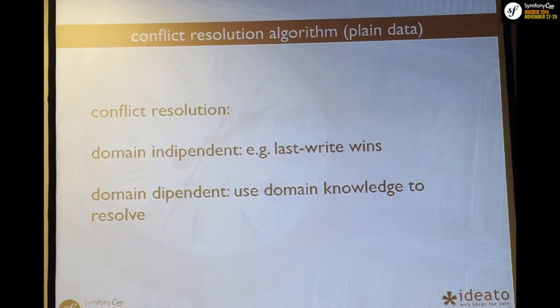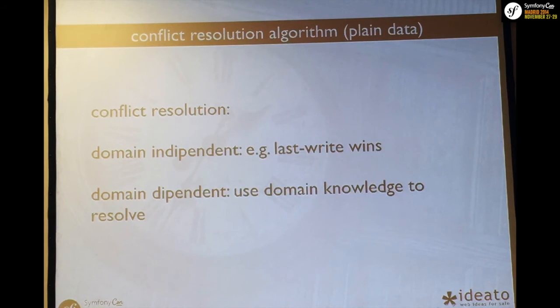For dealing with conflict resolution, you can choose different strategies, actually. The first one is to basically use a domain-independent solution. So you just decide that the last write, the more recent record, wins, okay? And that's it for every type of record, independent of the domain.